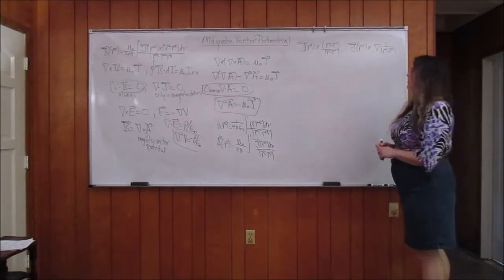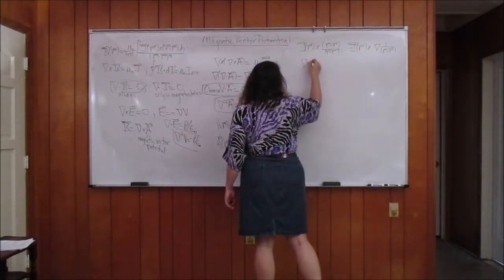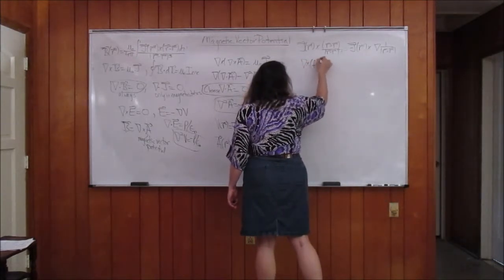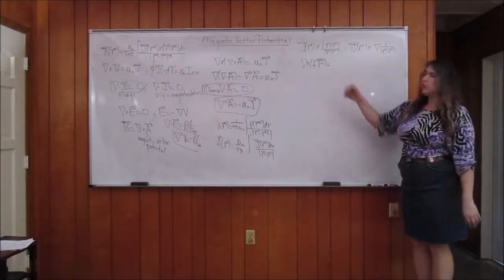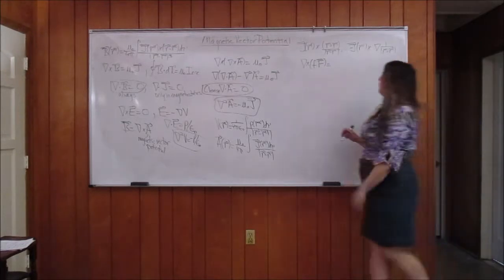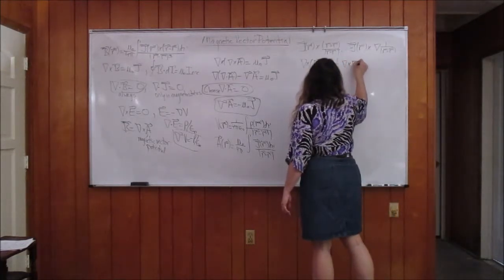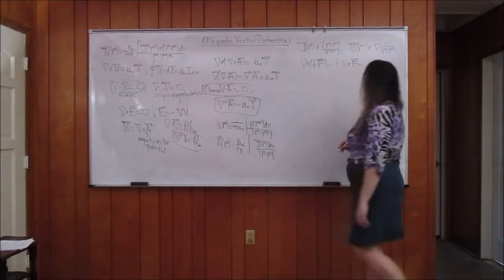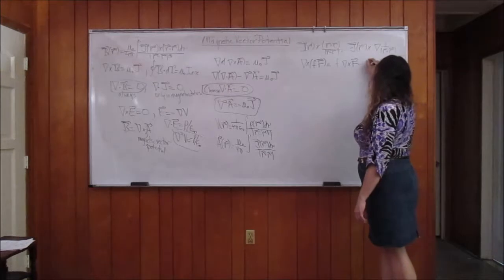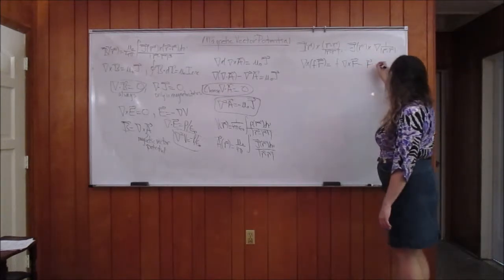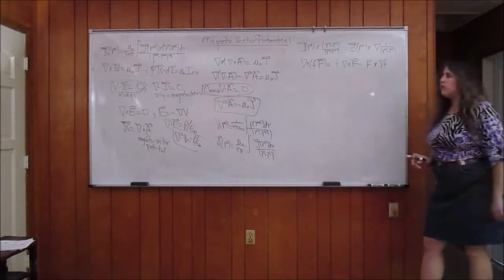Now, once again, I'm going to use another vector identity. And this time we're going to use the fact that the curl of the product of a scalar and a vector is equal to the scalar times the curl of the vector minus the vector crossed into the gradient of the scalar.